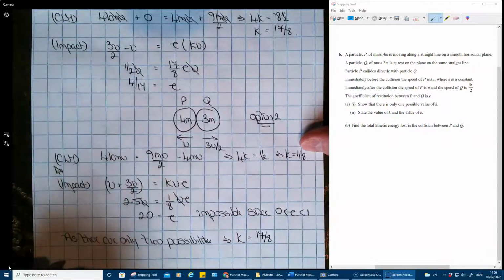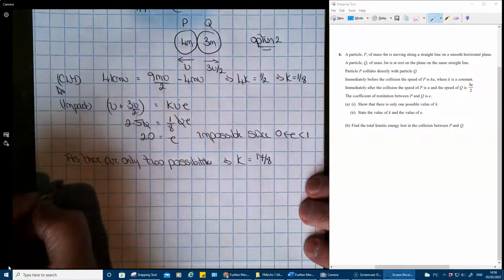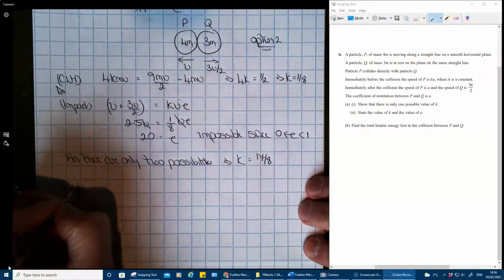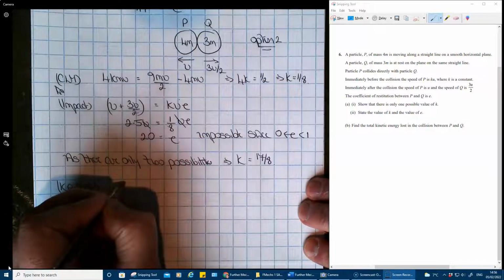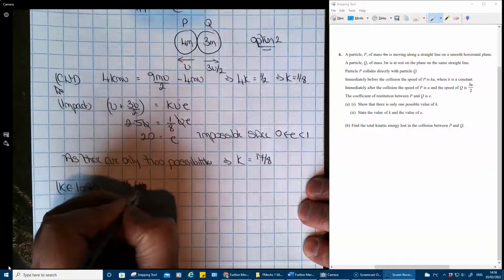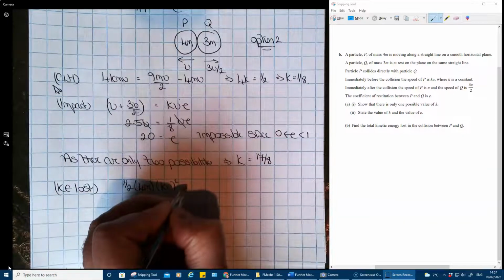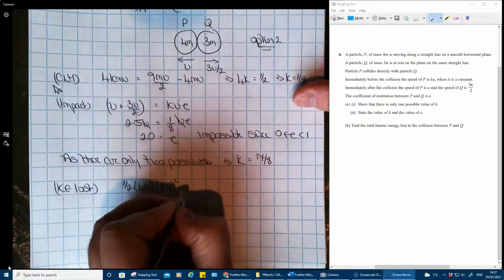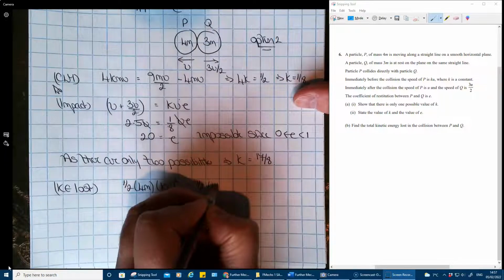So let's move this up. Kinetic energy lost is energy at the beginning, half 4m ku squared, take away the two kinetic energies afterwards.